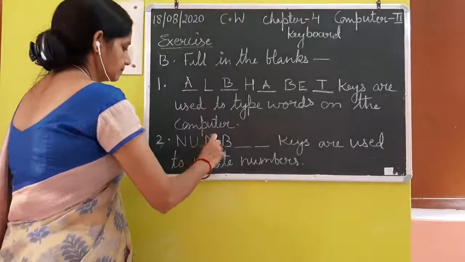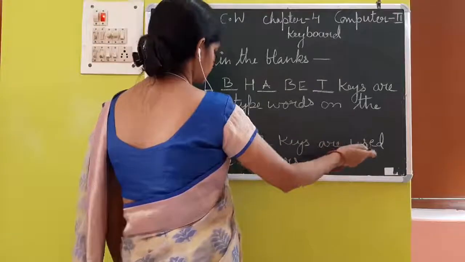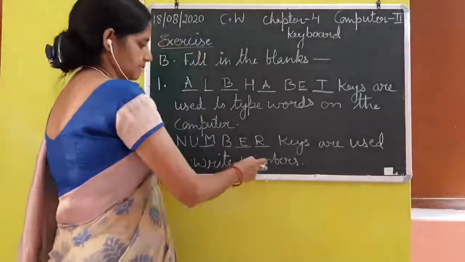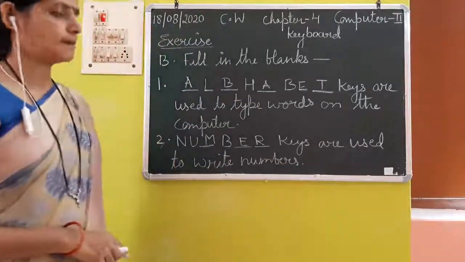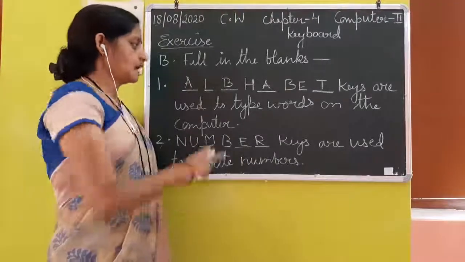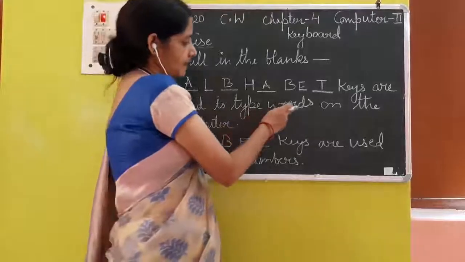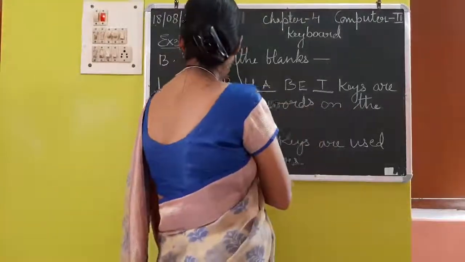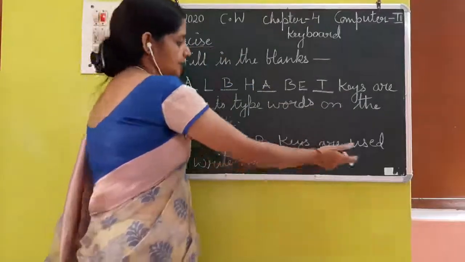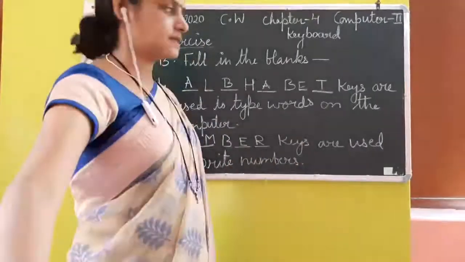Number keys are used to write numbers. Children, number keys are used to write numbers. Alphabet keys are used to type words on the computer. Number keys are used to write numbers. So this is second one.